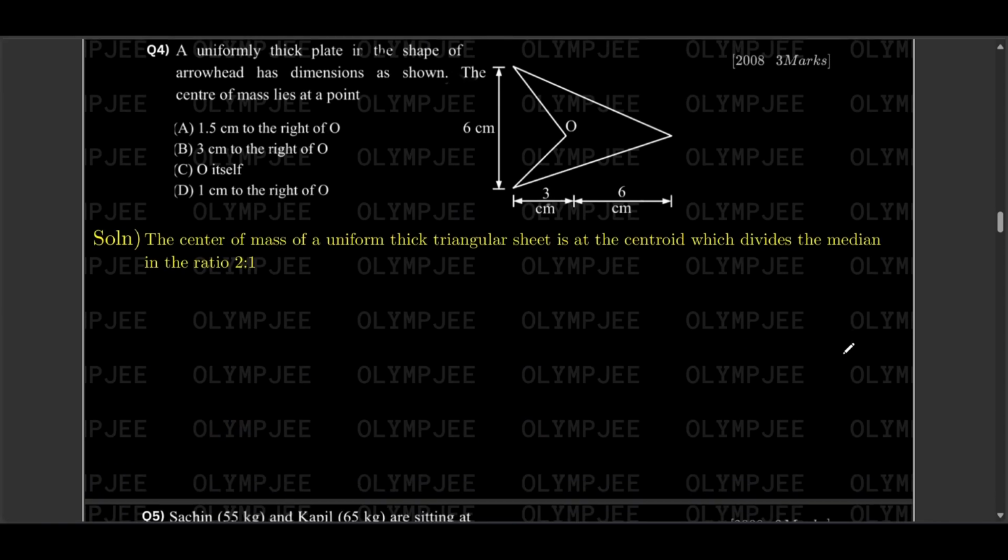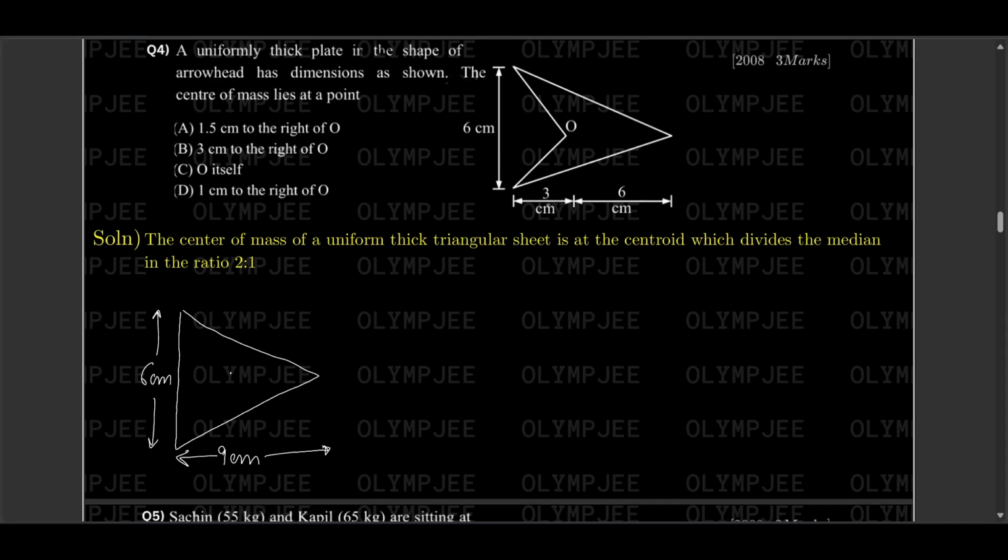Question 4 says that a uniformly thick plate in the shape of an arrowhead has dimensions as shown. So the center of mass we have to find out. If this would have been a triangle, then we know that the center of mass of a uniformly thick triangular sheet is at the centroid, which divides the median in the ratio 2:1. The base is given as 6 centimeter and the height is given as 9 centimeter.